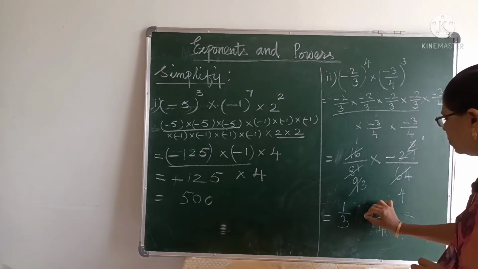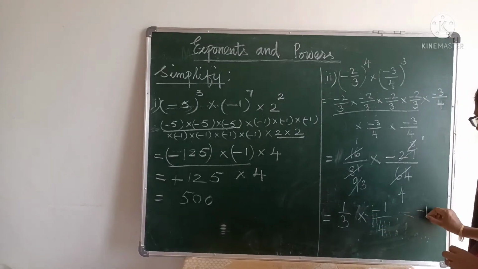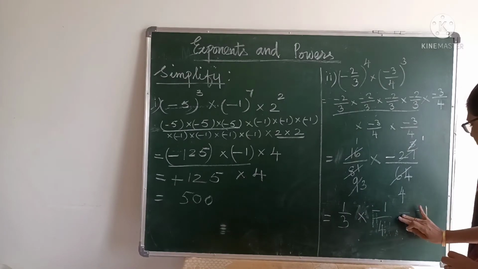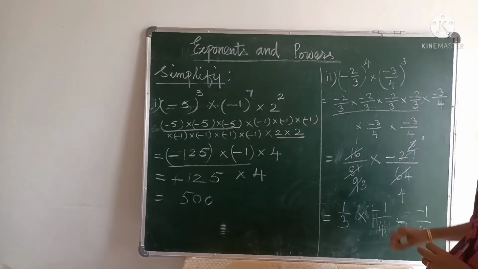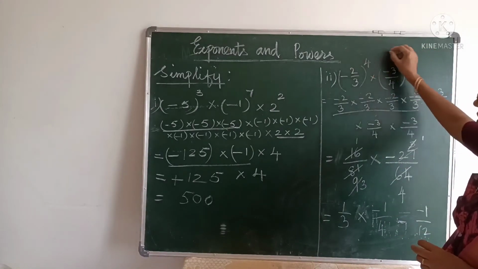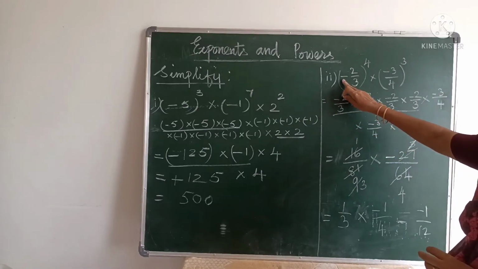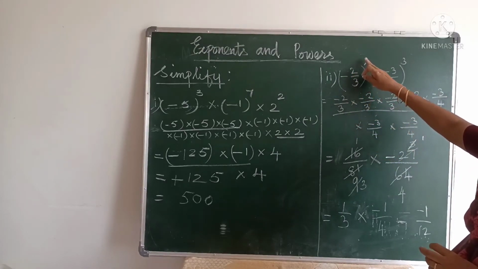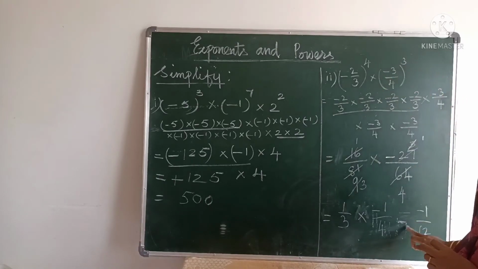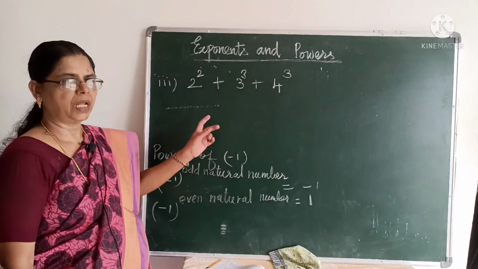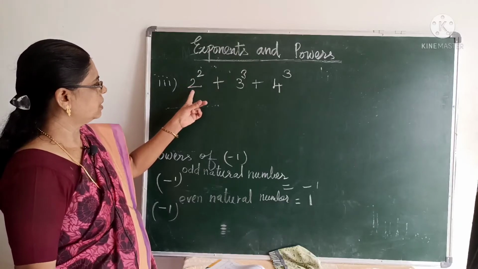So 1 into minus 1 is minus 1 and 3 into 4 is 12. So what is the answer? Minus 1 upon 12 is the answer for this one. Minus 2 upon 3 power 4 into minus 3 upon 4, the whole power 3 is equal to minus 1 upon 12.